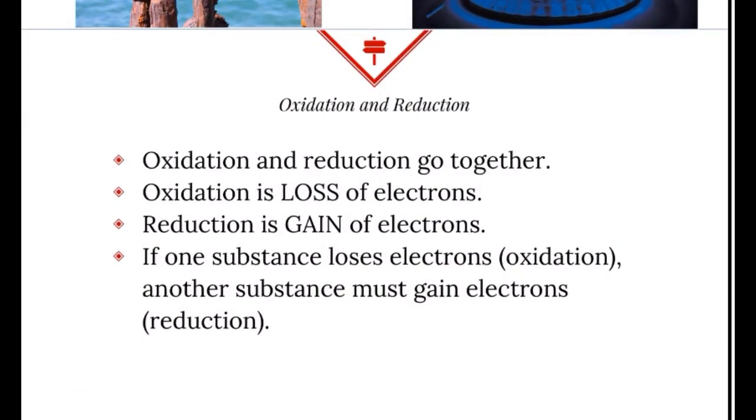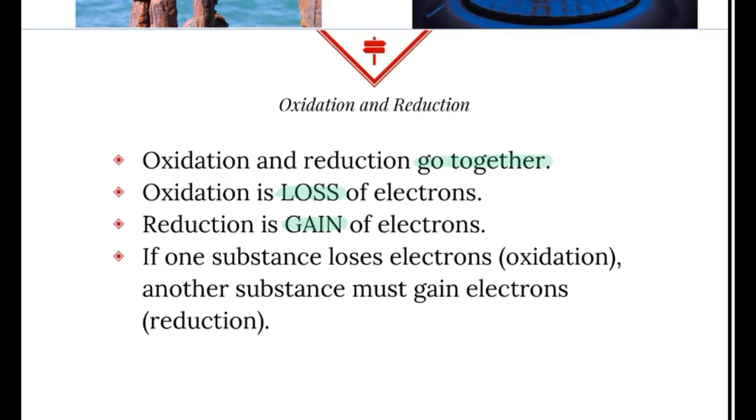If we're talking about oxidation and reduction, we need to remember that they go together because oxidation is a loss of electrons and reduction is a gain of electrons. They're actually the same electrons that are lost and gained in the same reaction. If you're going to gain some electrons, they have to be lost from somewhere else.